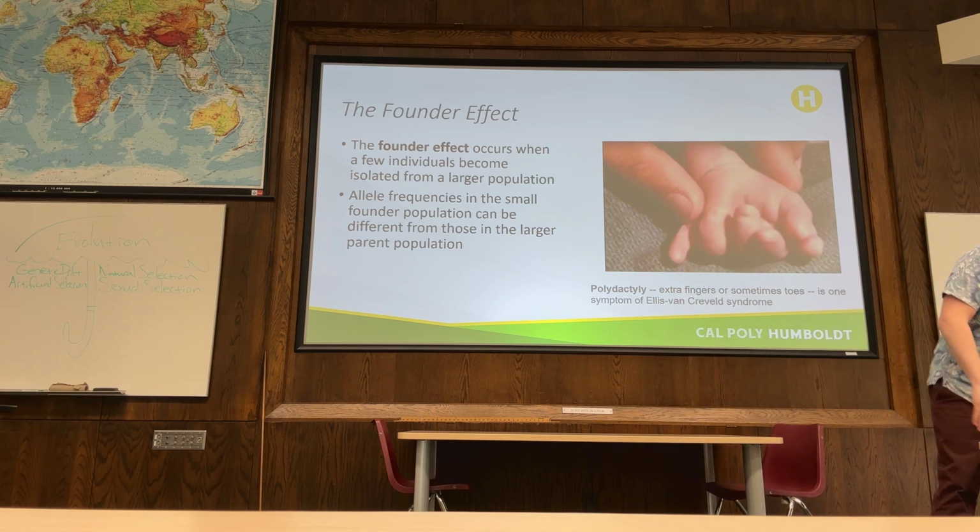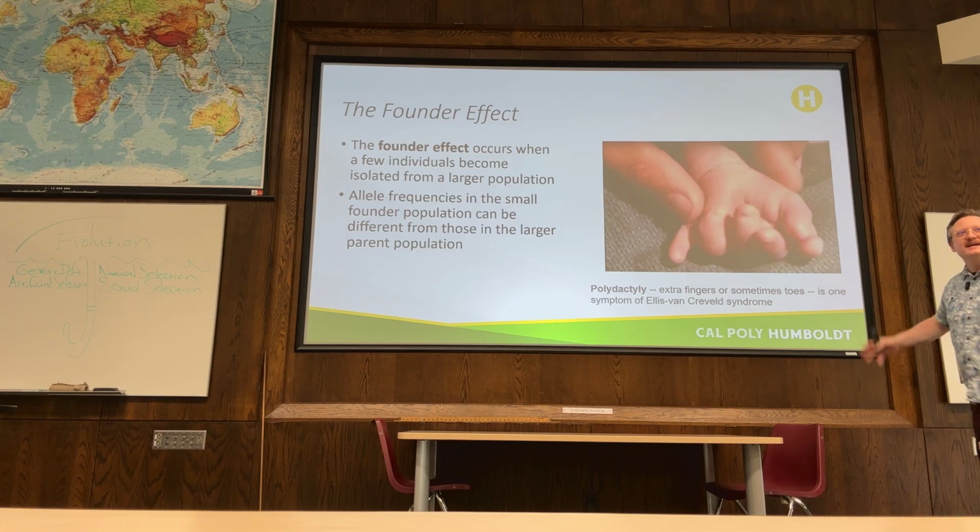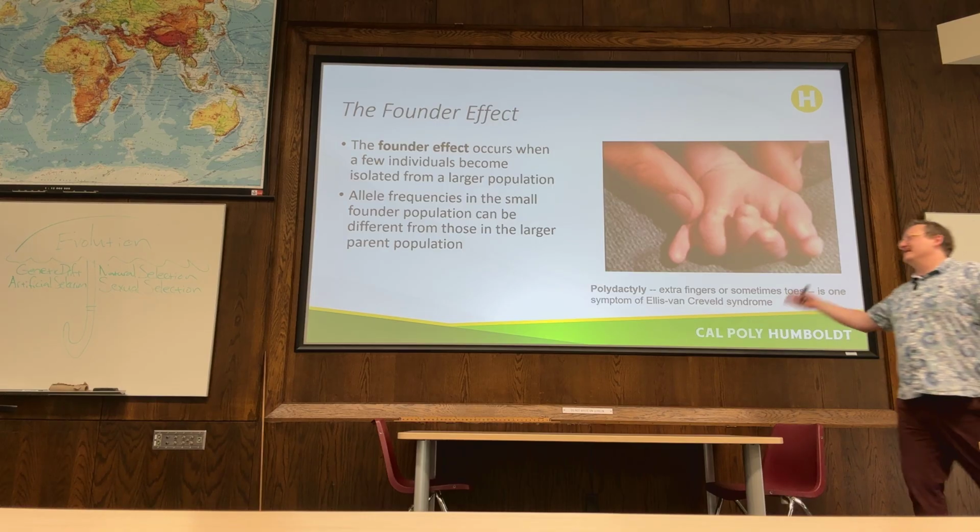So there's a community on the East Coast where polydactyly is very prevalent because there was a group of individuals who immigrated into the East Coast and set up a smaller community, and they happen to have a high frequency of the alleles for polydactyly.